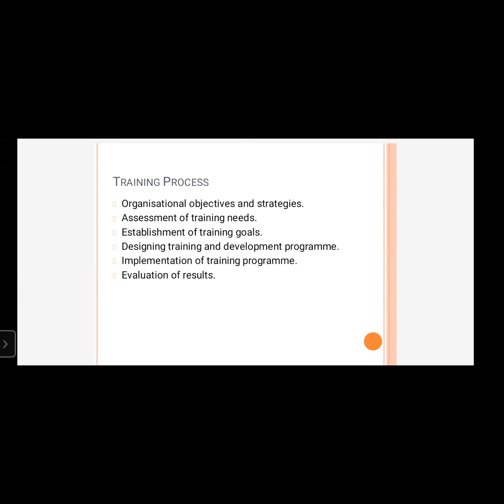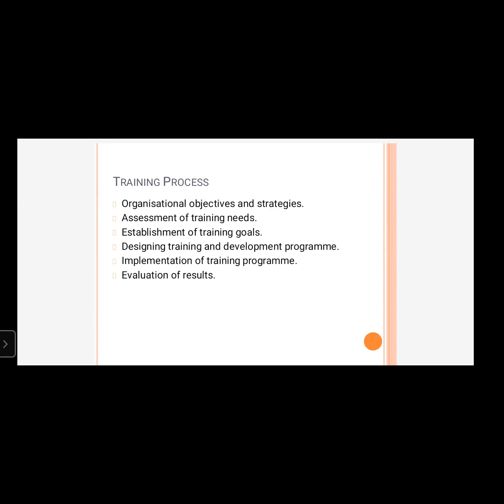Evaluation of result is done once the employees start working on their job. Suppose a 15 days training was given to the employees, and after that training the employees have started working on their job.